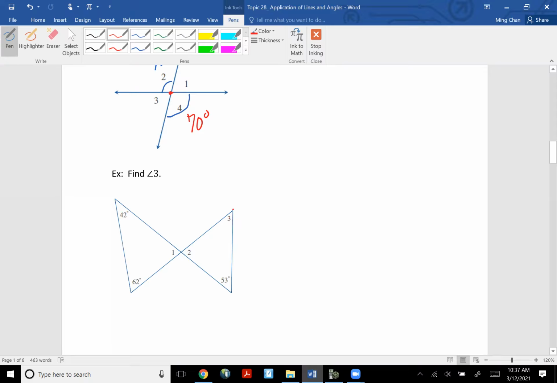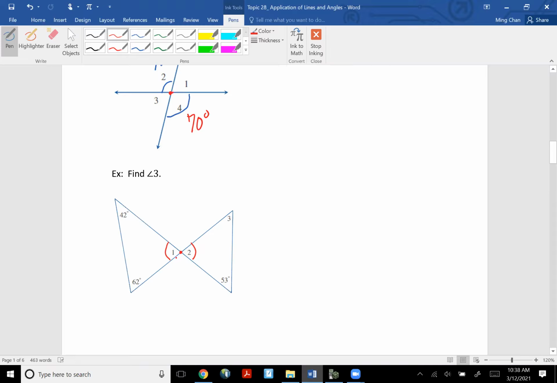Angle one and angle two are formed where the two lines intersect at one point, and they face each other, so one and two are vertical angles. If I know angle one, then I know angle two, and then I can find angle three.